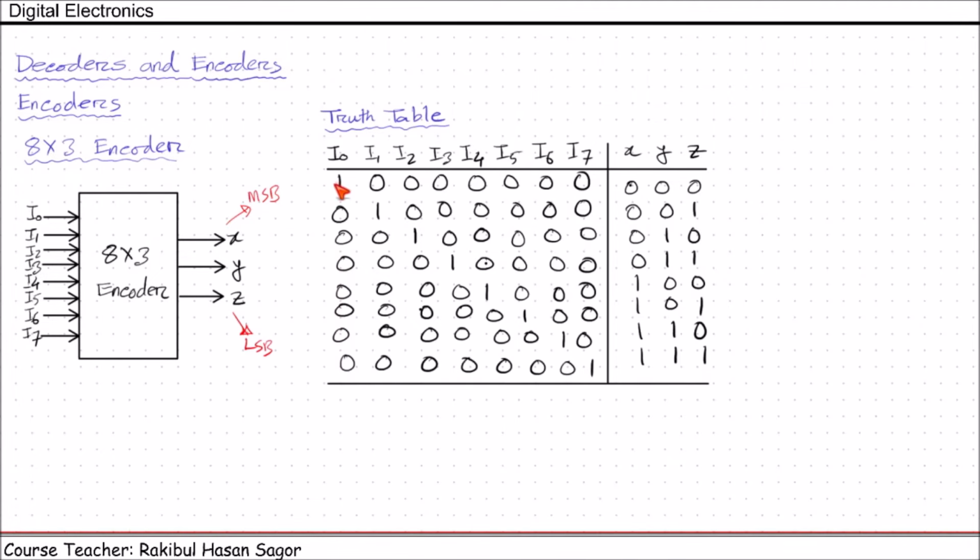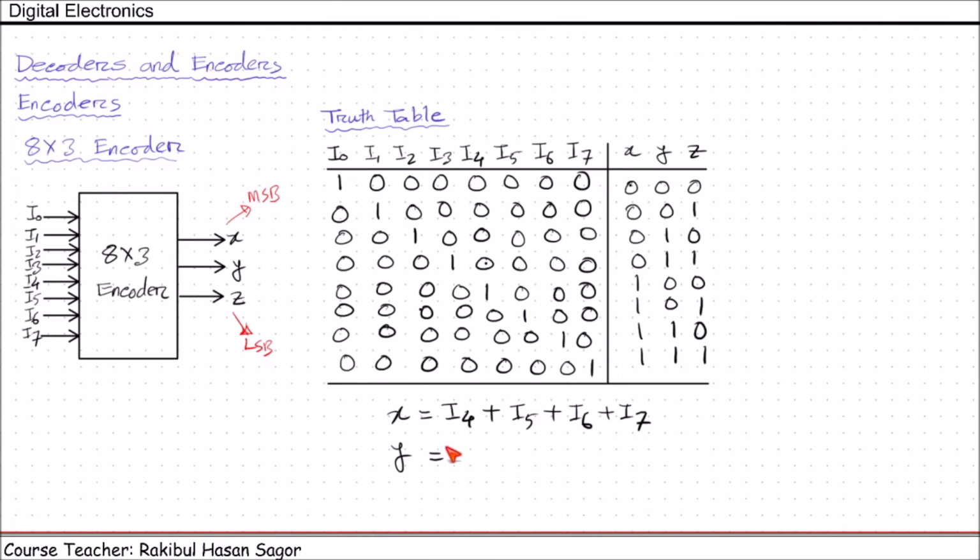Whenever I0 equals 1 and others are 0, it will produce a unique output code, that is 0, 0, 0. I1 equals 1 while the other inputs are 0, it will produce a unique output code, that is 0, 0, 1. In this way, we'll have 8 combinations for 8 input cases. Now the resulting output equations for each output variable: X will be 1 when I4 equals 1 or I5 or I6 or I7.